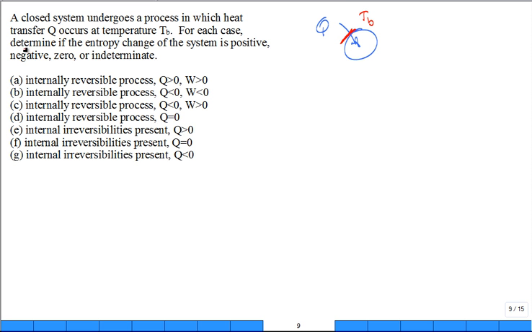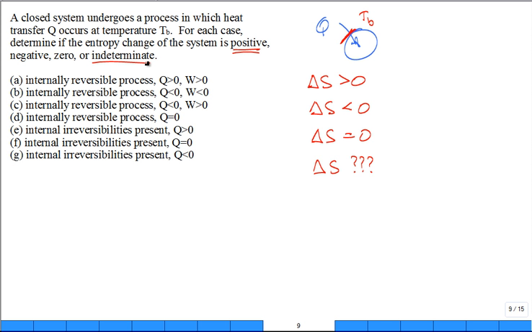For each case, determine if the entropy change is positive, greater than 0, negative, less than 0, equal to 0, or indeterminate. You really can't determine it.